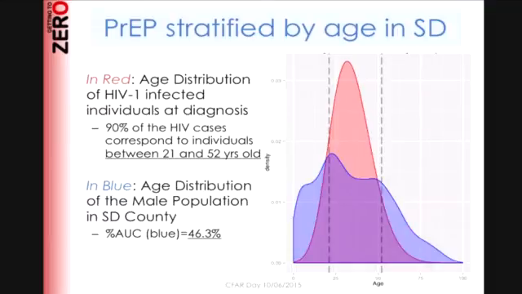Here it is. And in the same range of age between 21 and 52 years old, it represents 46% of the population. So in other words, by targeting 46% of males in San Diego, you could expect to prevent up to 90% of all new HIV infections. It's just the ideal situation.